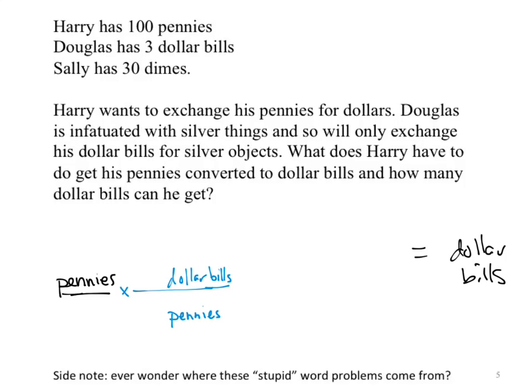In this case, we don't have that conversion factor. Harry cannot convert pennies into dollar bills, because the only person that has dollar bills is Douglas, and he doesn't want those crappy looking pennies. So we do not have that conversion factor.